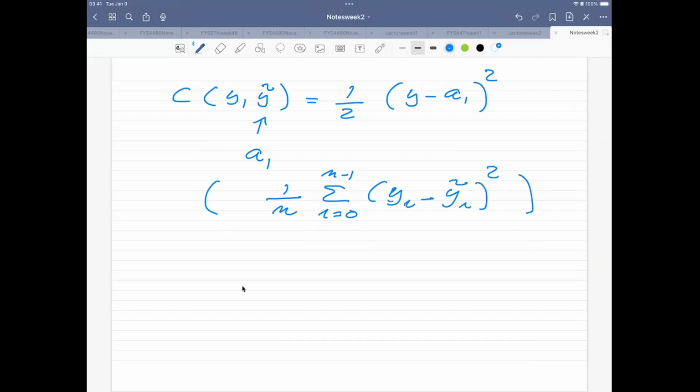This is normally called the mean squared error. This is the function I will use in this example when we set up the equations for a neural network. So we just have a scalar network here.